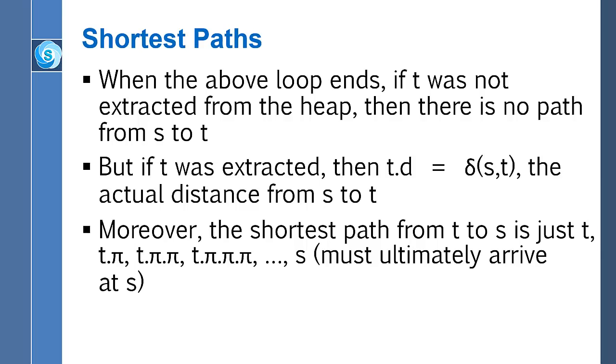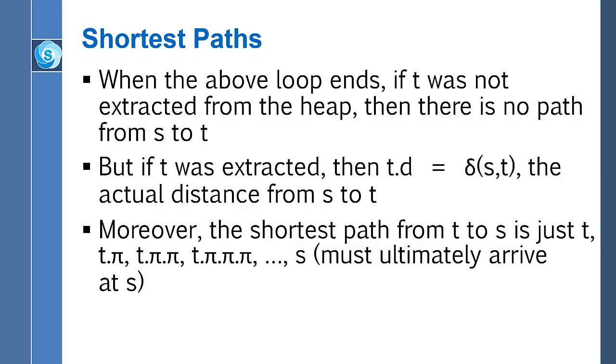And then consider T dot pi dot pi dot pi. And I claim if you continue this, eventually this process has to take you to S. This sequence beginning with T will eventually terminate at S.